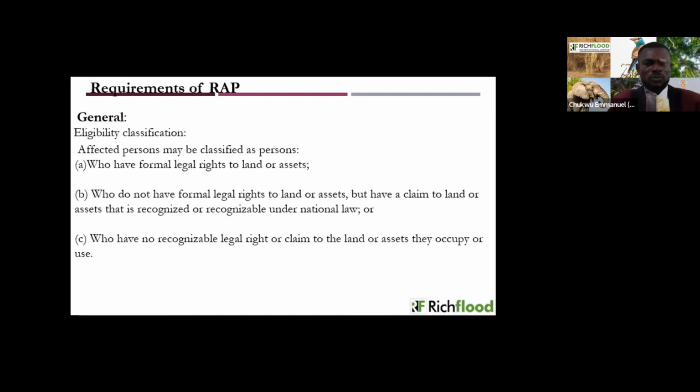Now, we have lots of factors that need to be taken into consideration when you are preparing the resettlement action plan. These are the project design, the planning and implementation, the grievance redress mechanism, and lots of other factors that need to be taken into consideration.